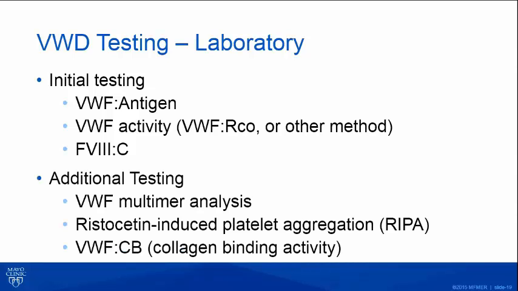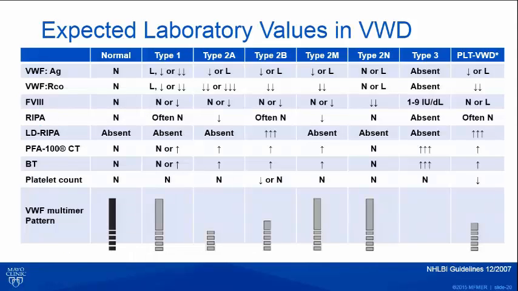Additional testing for von Willebrand disease workup includes a multimer analysis, RIPA, and an activity assay that measures the collagen binding activity. So this is a table that summarizes the findings in various types of VWD. I don't have time to go through all of them, and you can read them at your leisure.